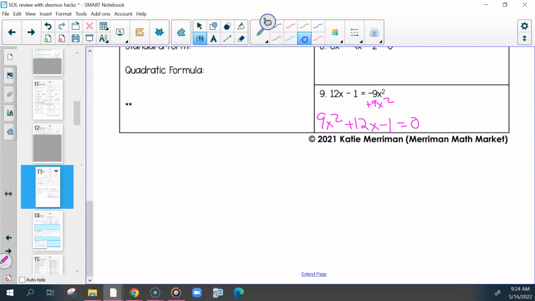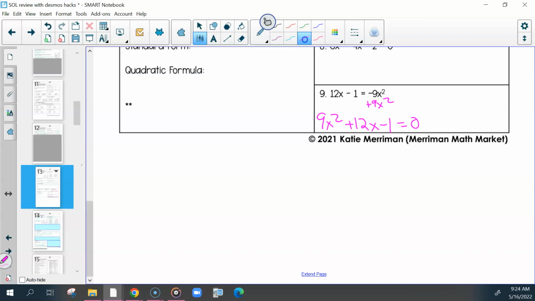In this example, really quickly, I'm going to show you that this cannot be factored, and we would have to solve it using the quadratic formula. If I was trying to factor this, I'd have to multiply 9 and negative 1. So I'd be looking for two numbers that multiply to be negative 9 that add to be 12.